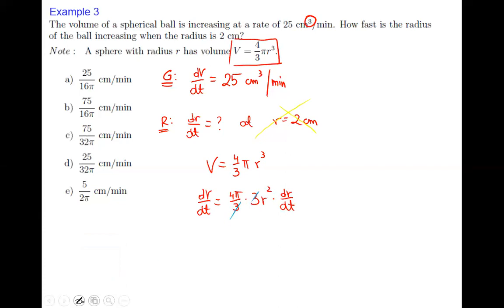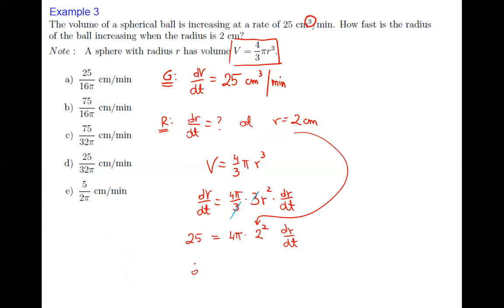Let's simplify. And now let's substitute all of the given information. dV/dt is 25, 4π, now radius is 2, dr/dt. Now I can uncover and I can definitely substitute.